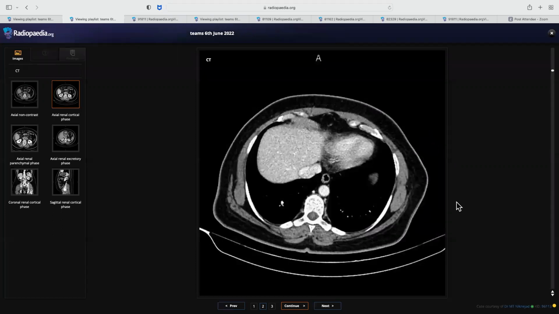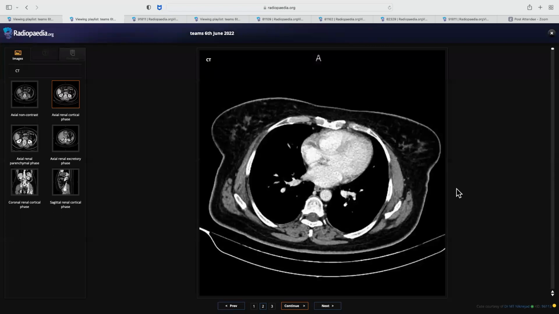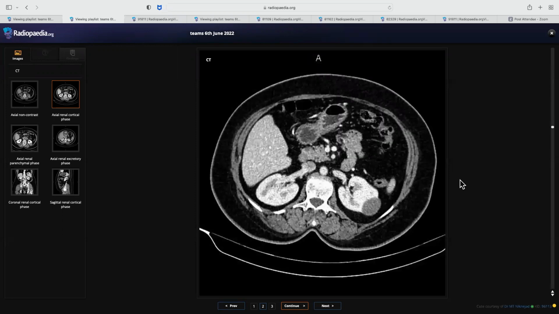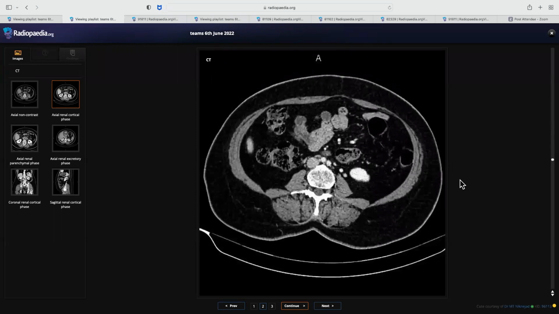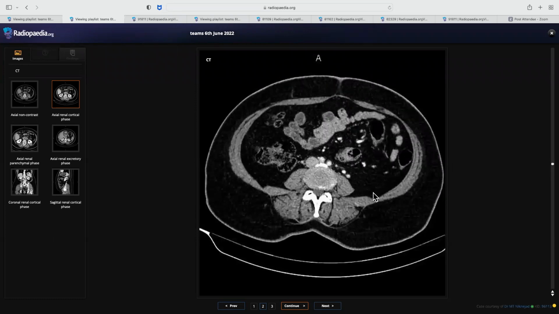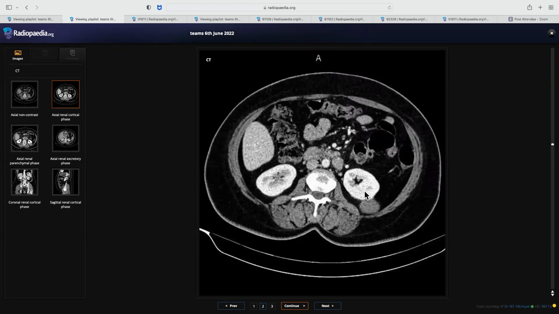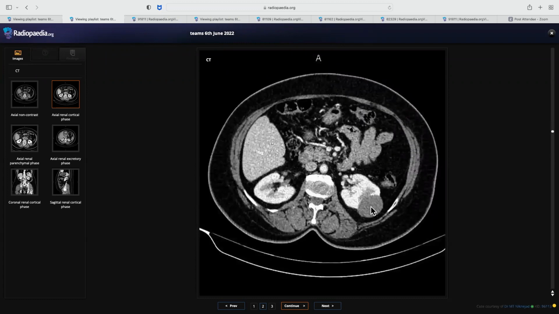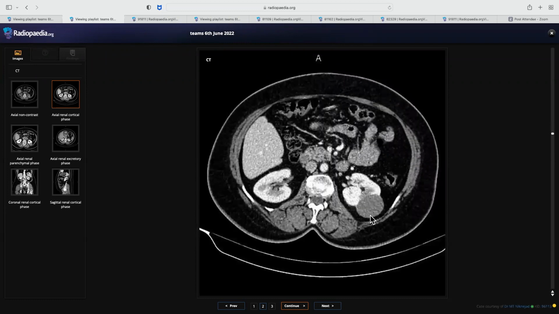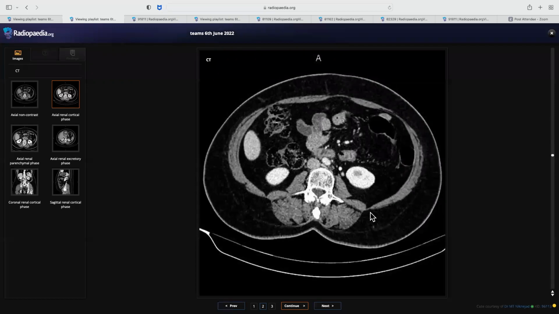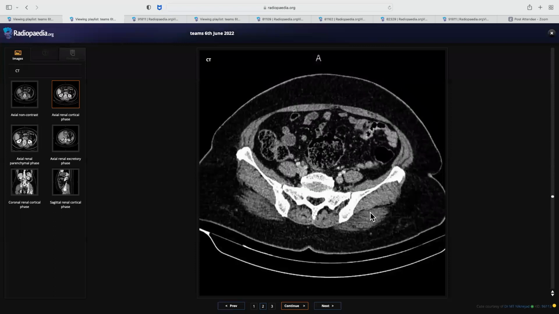So this is the arterial phase. I will just start from above. Liver, spleen, pancreas are fine. Regarding the left renal cortical lesion, it's non-enhancing. I need to specifically assess. There is no evidence of septation within it, and it's not enhancing.